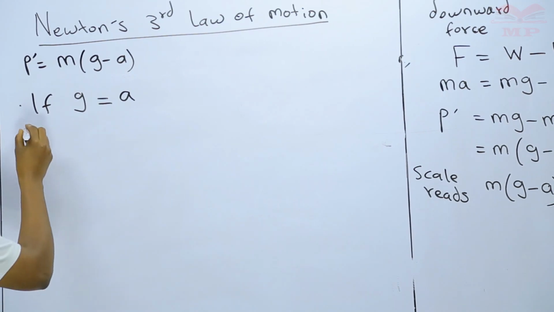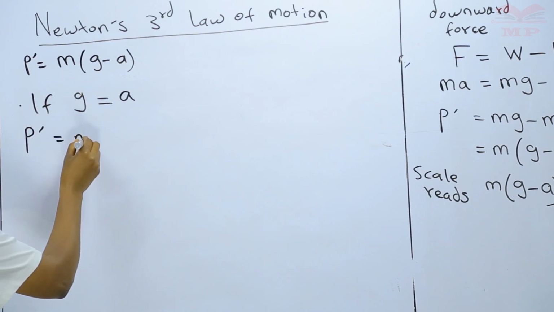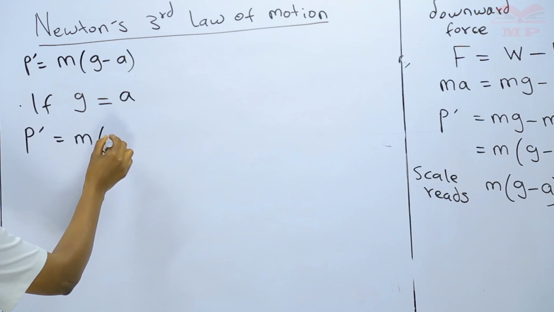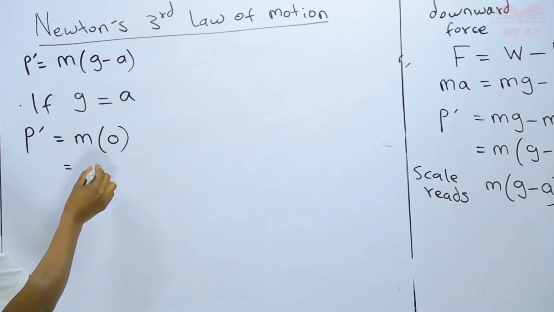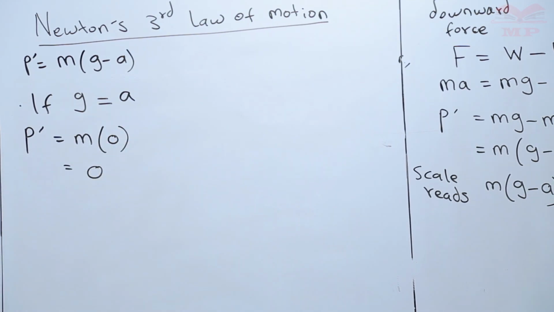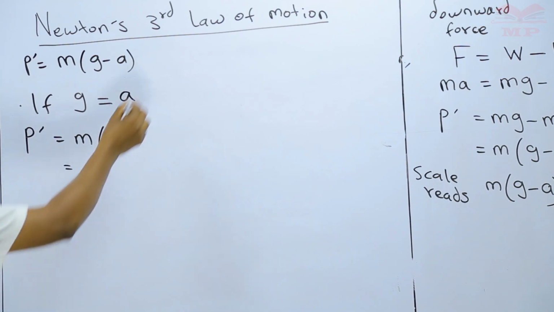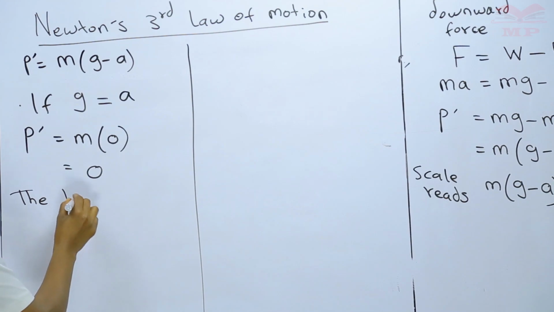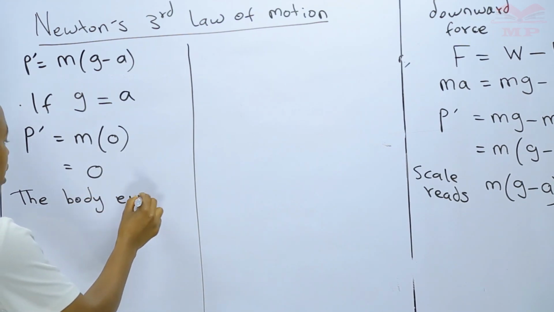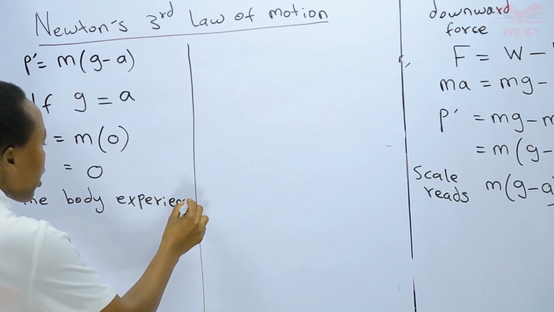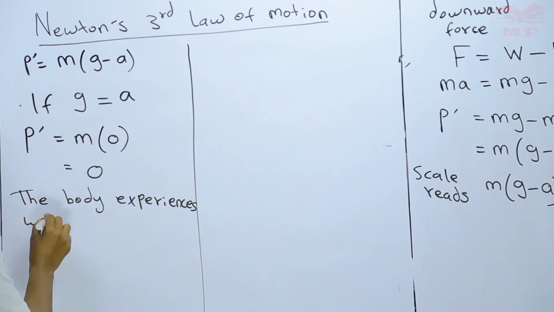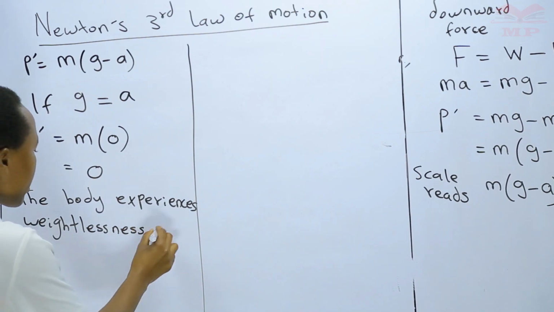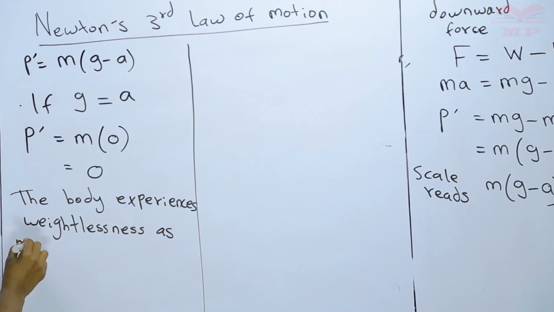It means that the reading will be m times (g minus g), and because they are the same, we'll have 0, and therefore the weight will be 0. The body will experience weightlessness as it moves downwards.